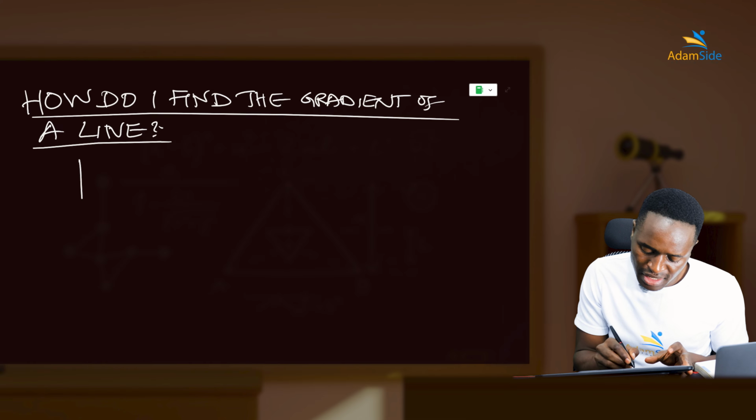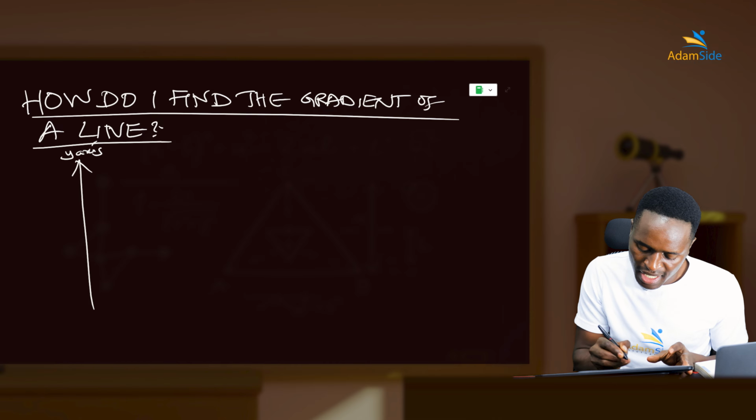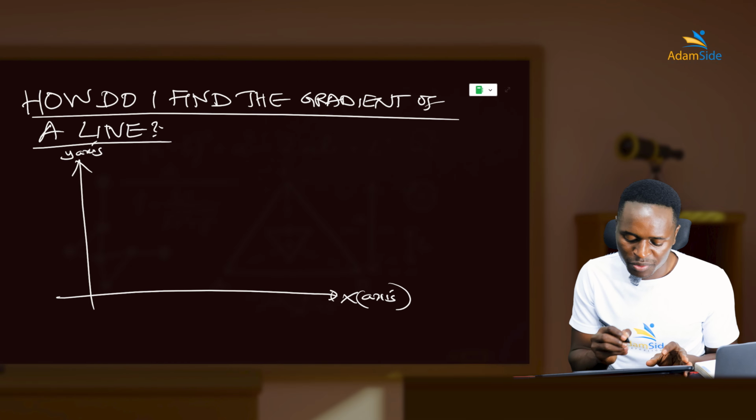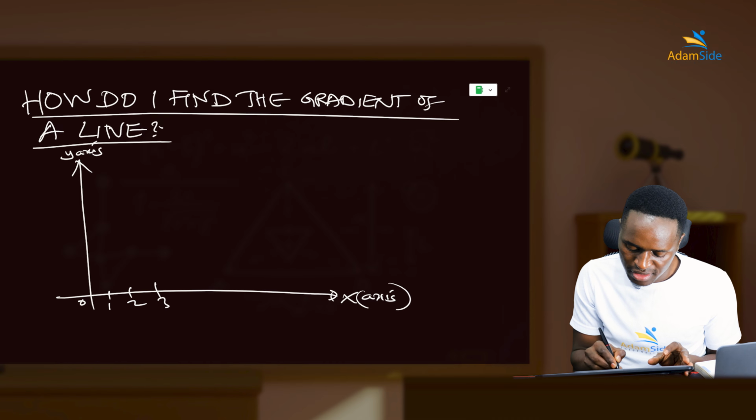So for example, let me go for a vivid example. Maybe we have the y-axis and then we have the x-axis. Remember, we have to know how to plot points. We have done that.